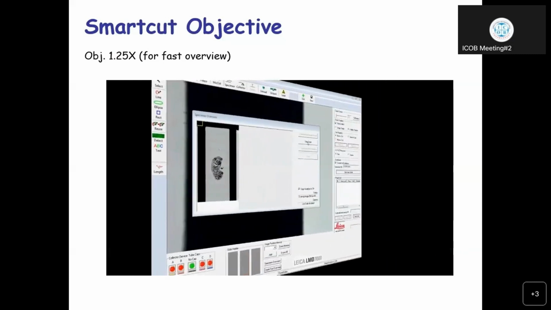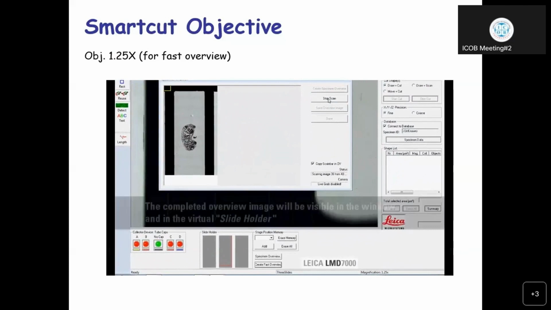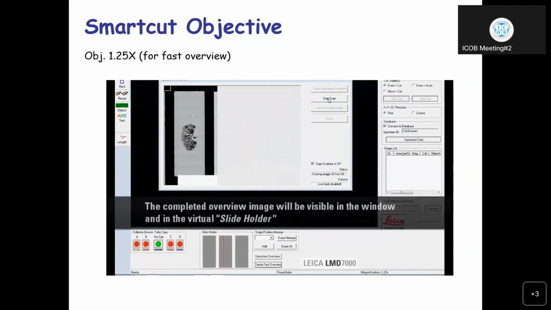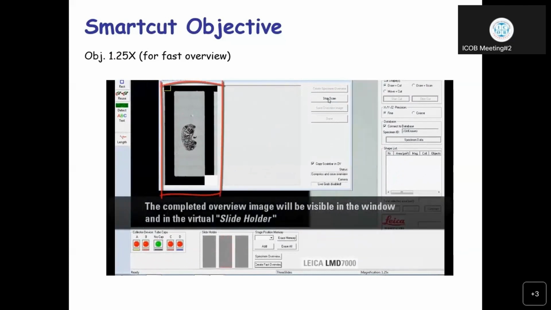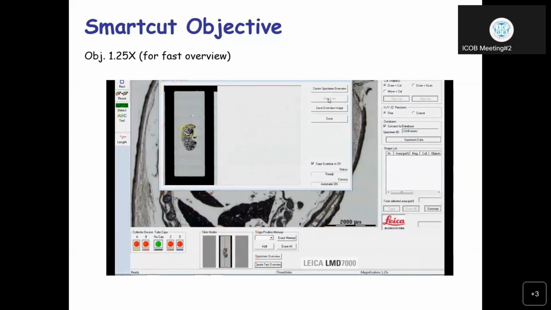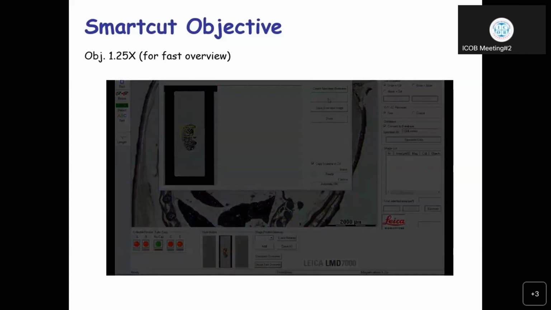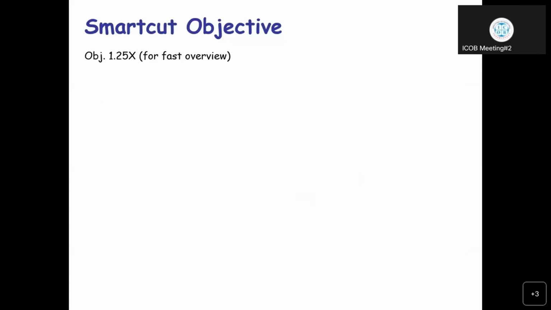After finishing the fast scan, the overview image will be visible in the window and also in the slides folder. It helps you to find the target cells or area that you want easily.